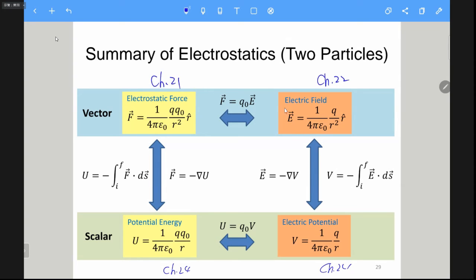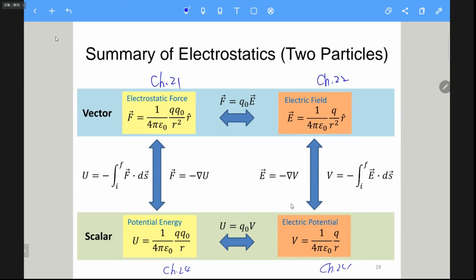When you need to convert the electric field to the electric potential, you need this line integral, or the other way around, you need the negative gradient. Okay, so this is more or less the electrostatics.